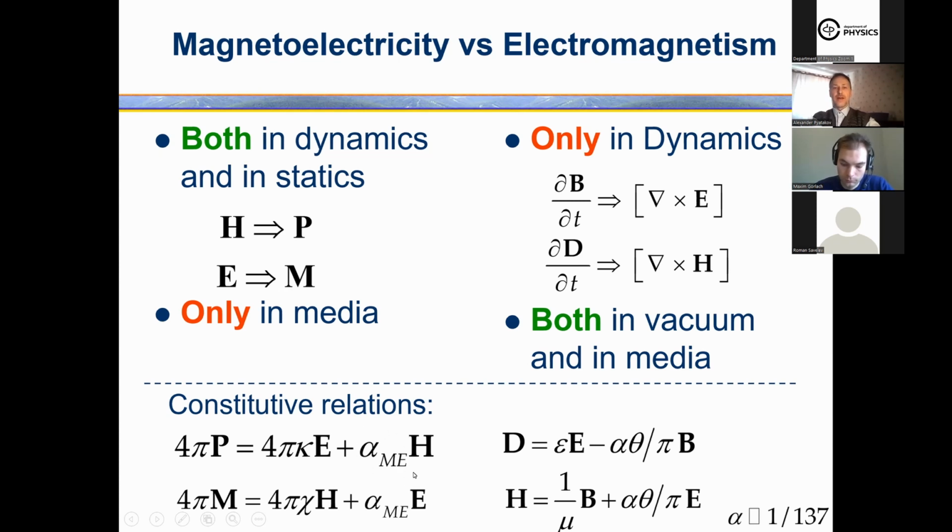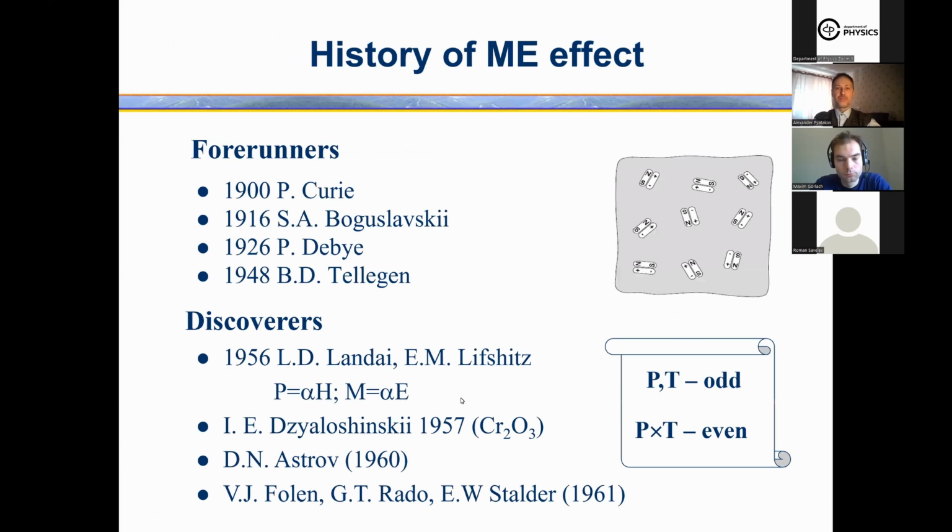It's a special coefficient that transforms under time reversal symmetry with sign reversal, and the same for spatial inversion symmetry. So we call it P and T odd. And with respect to the combined symmetry, consequently applied spatial inversion symmetry and then time reversal symmetry, it remains invariant. So it's P and T odd and P multiplied by T even.